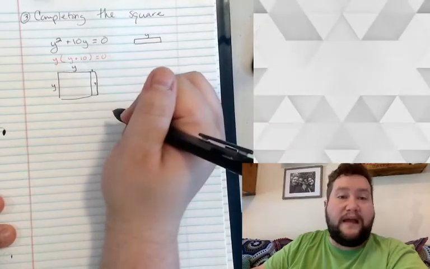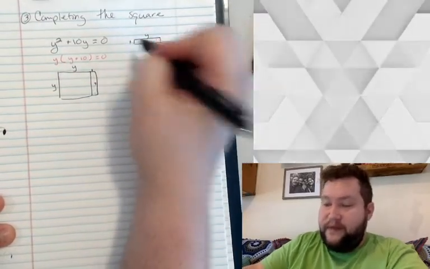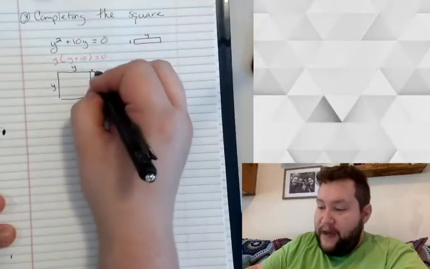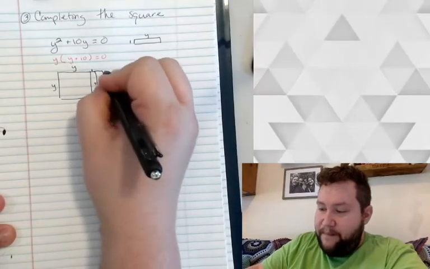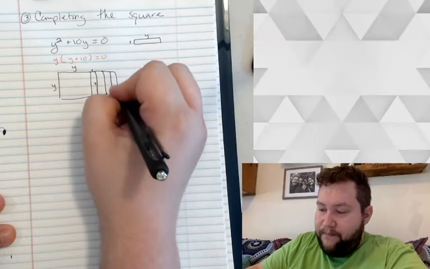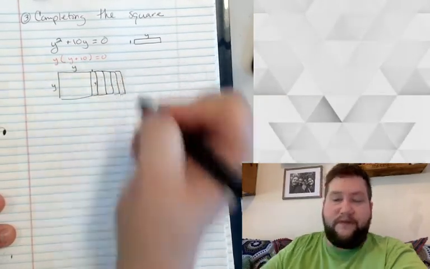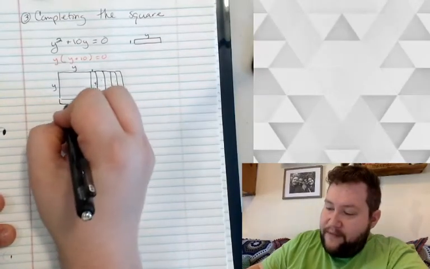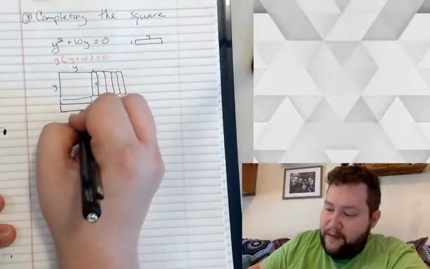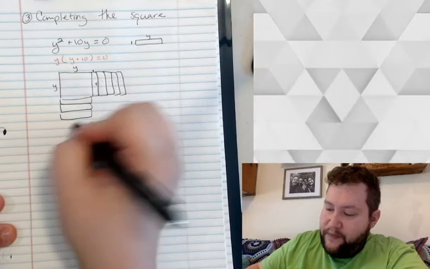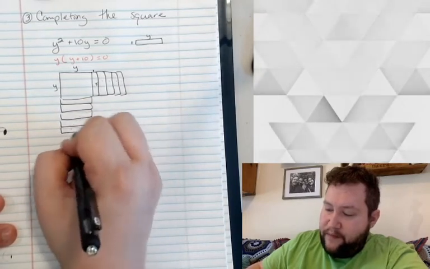This whole rectangle is y. So I'm going to add 5 of them over here. One, two, three, four, five. I'm going to add 5 of them down here. 1, 2, 3, 4, 5.